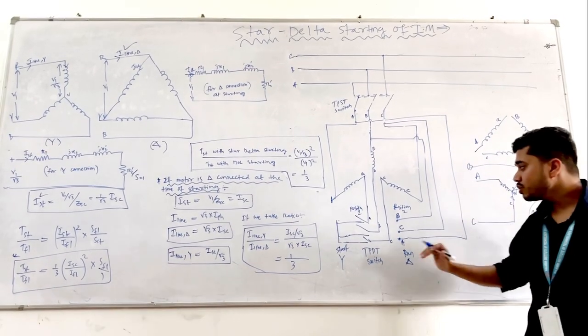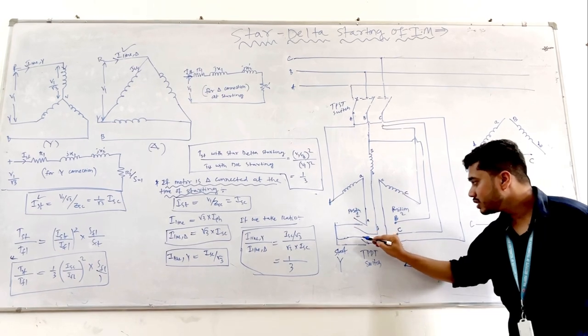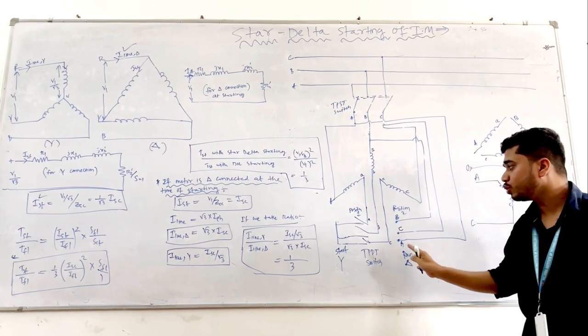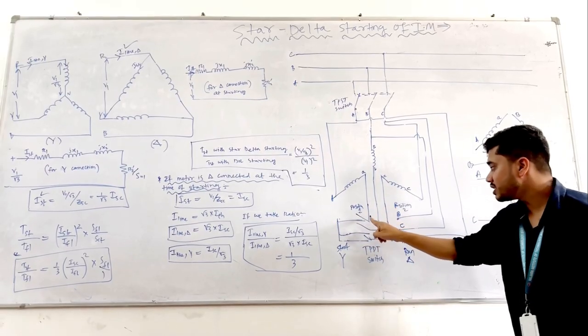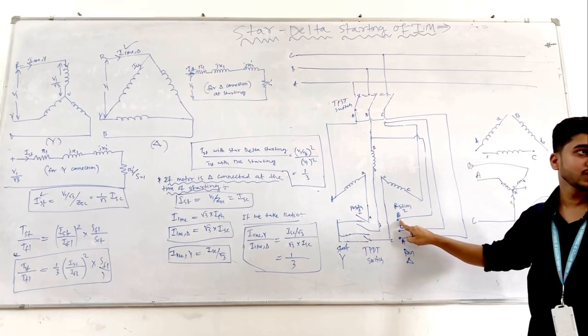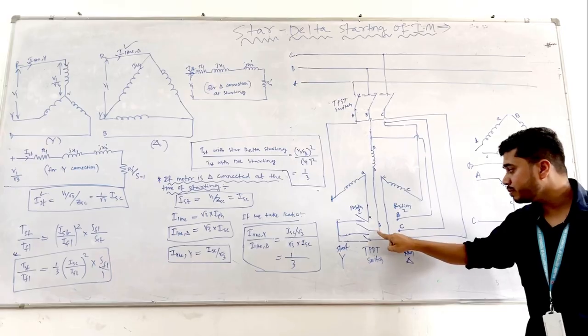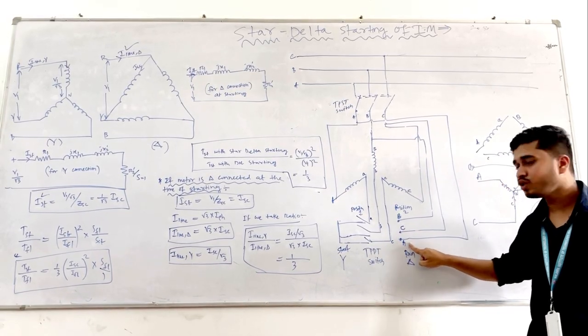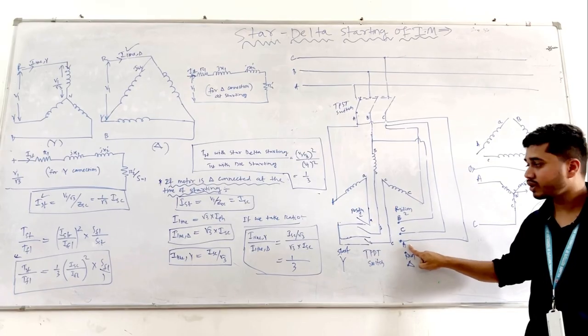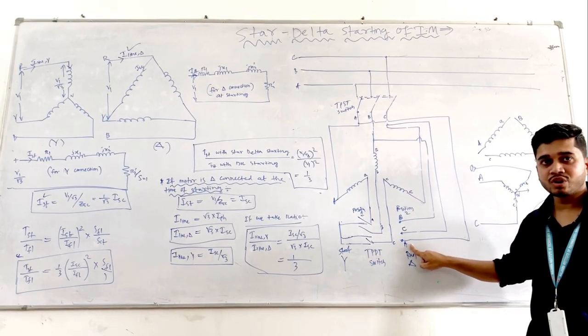Now when this 3-pole switch moves to position 2, small a is connected to capital B, small b is connected to capital C, and small c is connected to capital A. Understood or not?